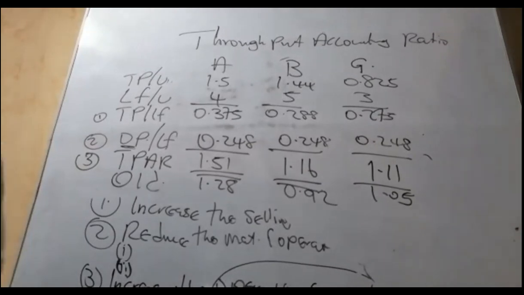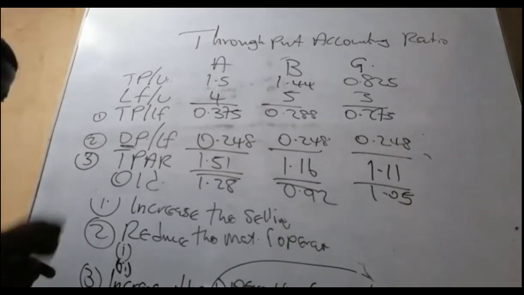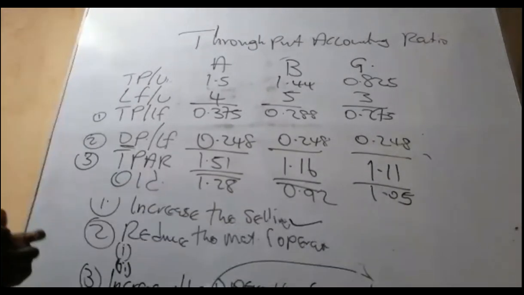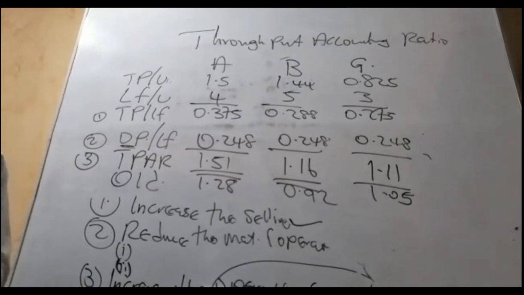Any idea? Increase the selling price. I like that. It's on the board, right? In fact, I'll pick it. Any answer is valid until the final marking scheme is reviewed. I'm asking specifically: carefully analyze question C and answer it for me.